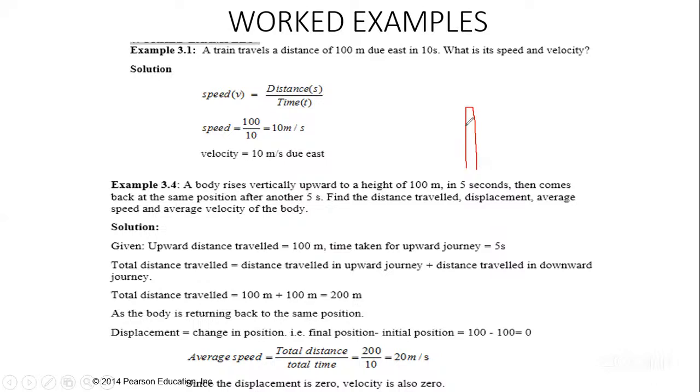So the total path taken will be, here is 100, here is another 100. So 100 plus 100 will give us the total distance traveled, which is 200 meters.